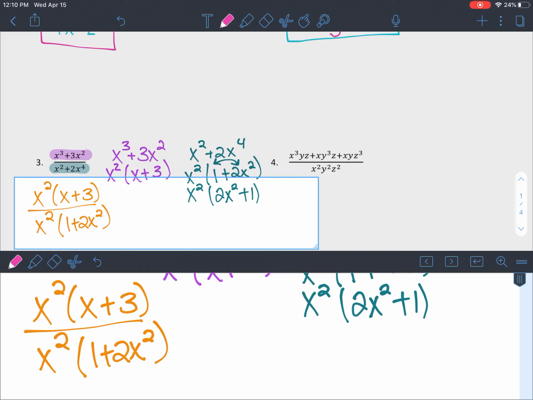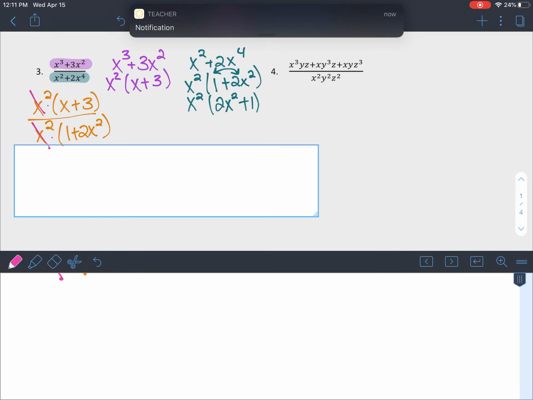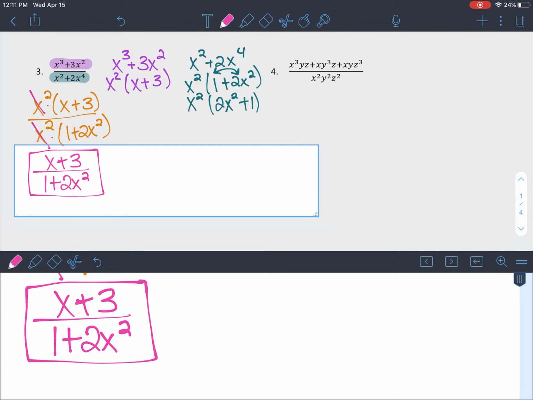Is there anything that I can make simpler? Well, there's an x squared on the top and an x squared on the bottom. And since this is multiplication happening here, I can cancel these two out. So my final answer that I'm left with is going to be x plus 3 over 1 plus 2x squared. I can't do any more simplification, so that is going to be my final answer there.